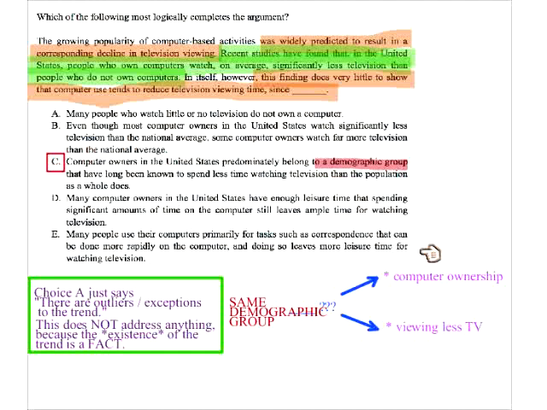The issue is that it's a fact that these people don't watch as much television. What choice E says is they have the time and they could watch television if they wanted to. But the fact is they still don't. So what we are trying to explain is why they don't.